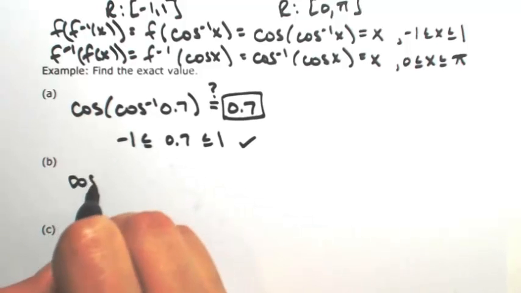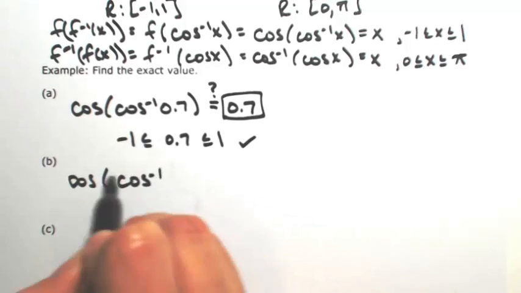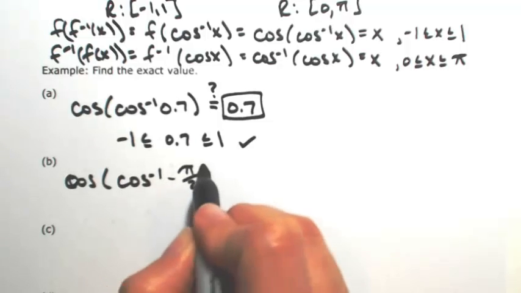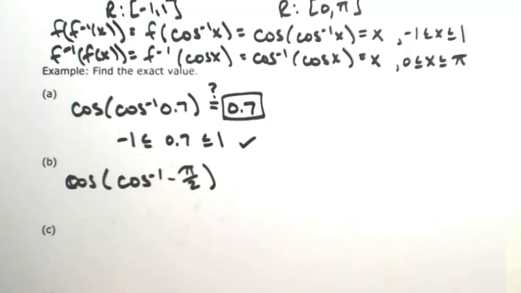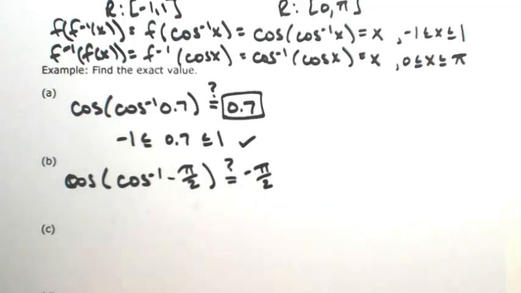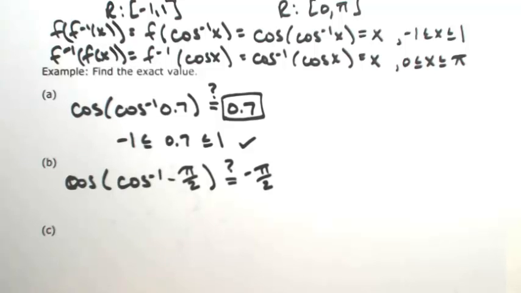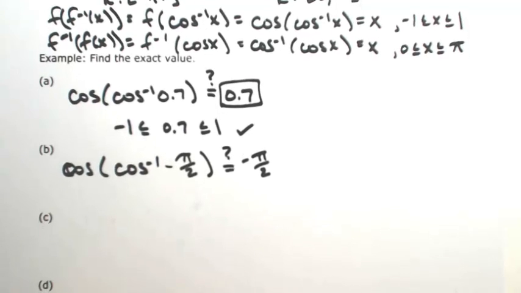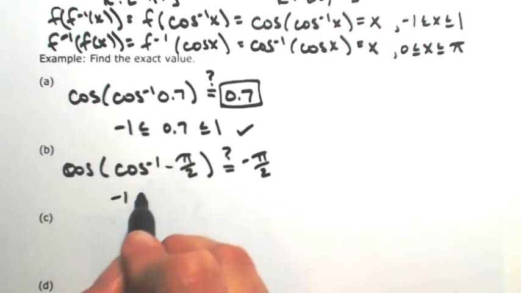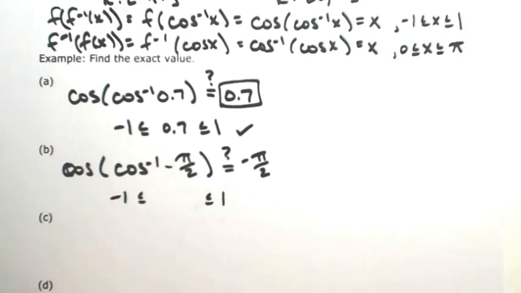Okay, let's say we have the cosine of inverse cosine of, let's say, -pi/2. Again, this would be really nice if they just undo each other to give us back -pi/2. But we need to check our domain restriction on inverse cosine, which again is just the range of cosine, which is -1 to 1.